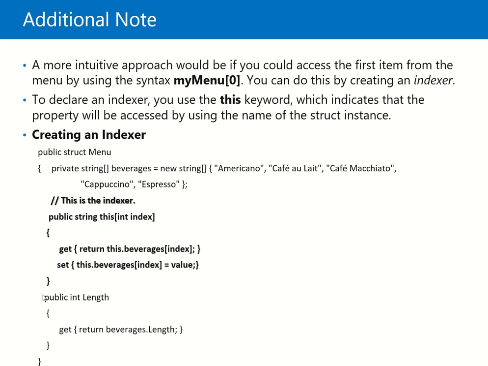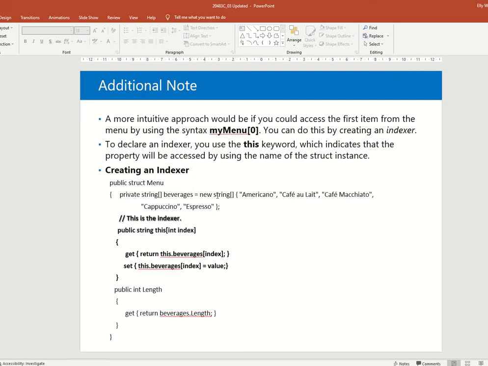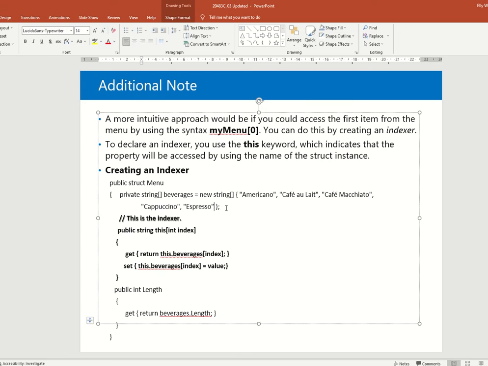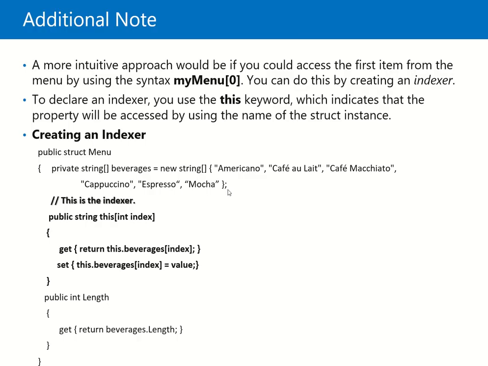Let's say I modify this by adding another one; I hope I spell it correctly, I'm not sure whether it's double C or one C. Now when you construct the menu, menu dot length will be 6: 1 2 3 4 5 6.